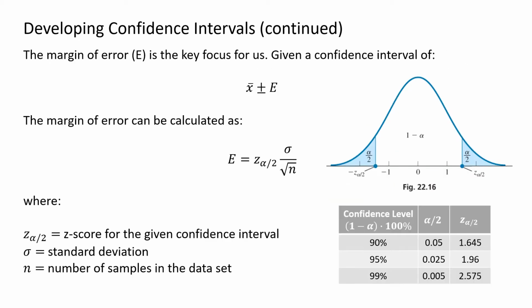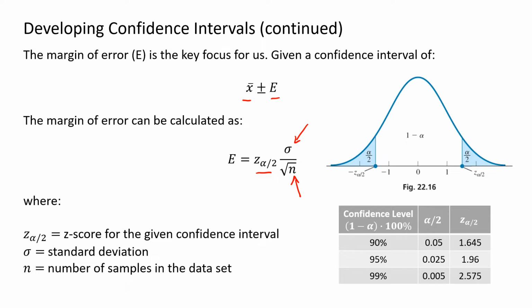So remember, we had our mean plus or minus an error. Our error takes into account 3 factors. It takes into account our z-score, our standard deviation, sigma, and lastly, and the most intriguing piece in my opinion, the number of samples.